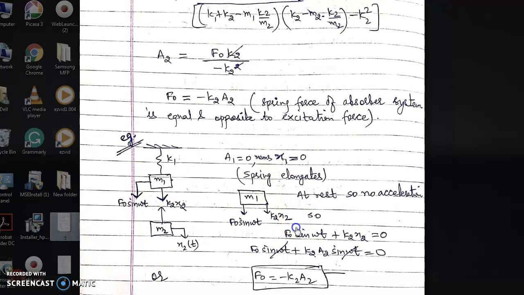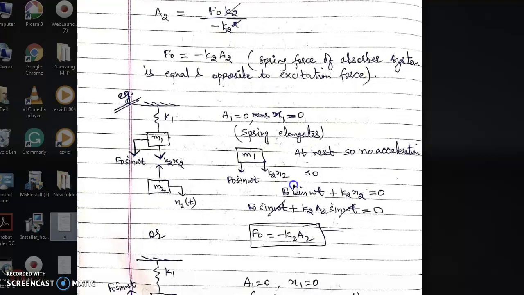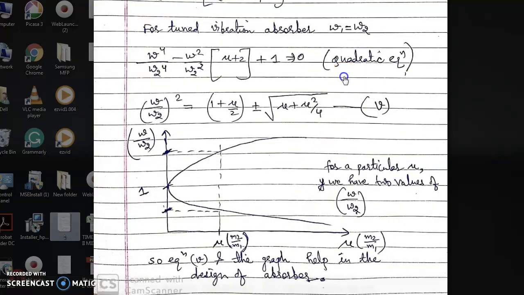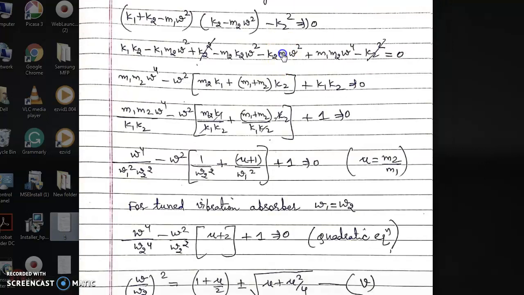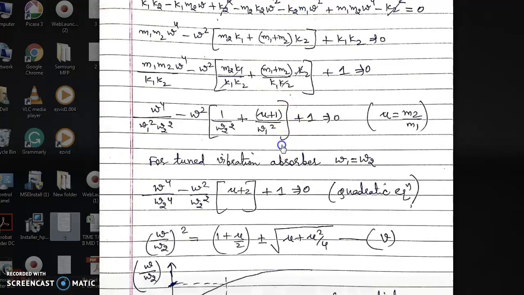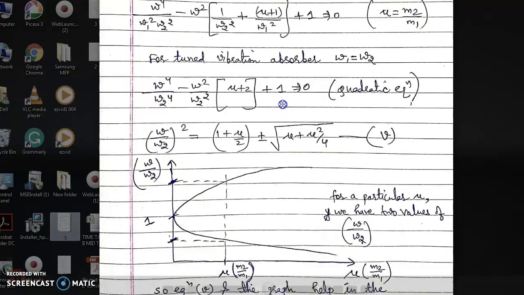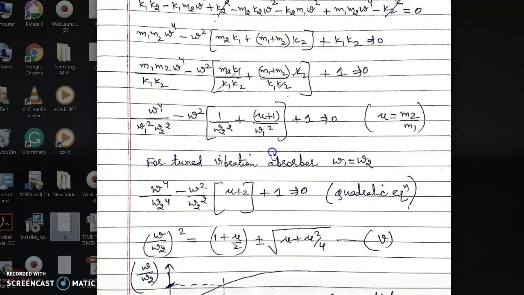Now what will be the A2 at this omega equal to root k2 upon m2, then checking how the system will move according to this, then checking at what omega my amplitude becomes infinity, so that I am aware when I design my vibration absorber not to go to that frequency. Yeah, okay, this is all.